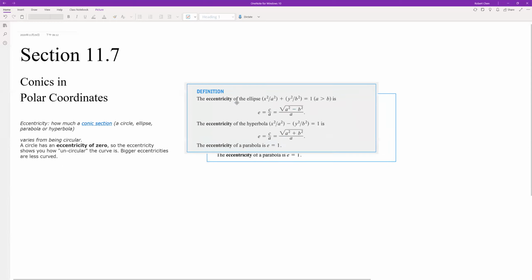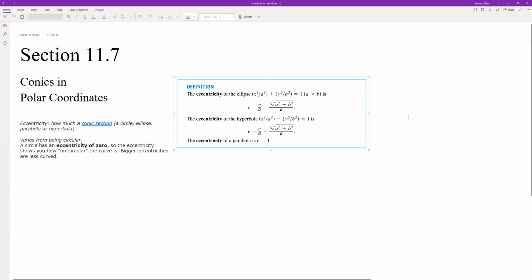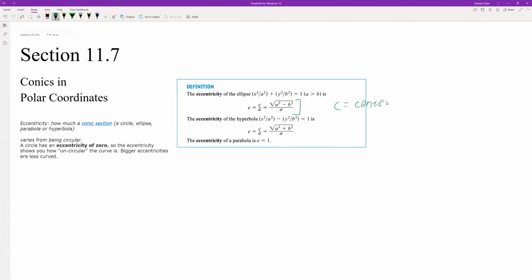First, we have the definition of how to find the eccentricity of different conic sections. For an ellipse, it's c over a, or we can use the formula square root of a squared minus b squared over a. Remember, c is the center to foci distance. We have that formula for both the ellipse and hyperbola.